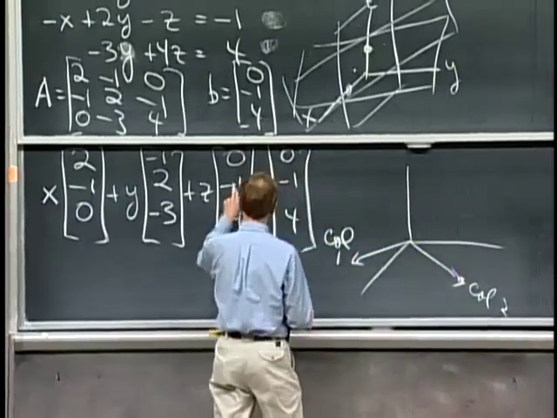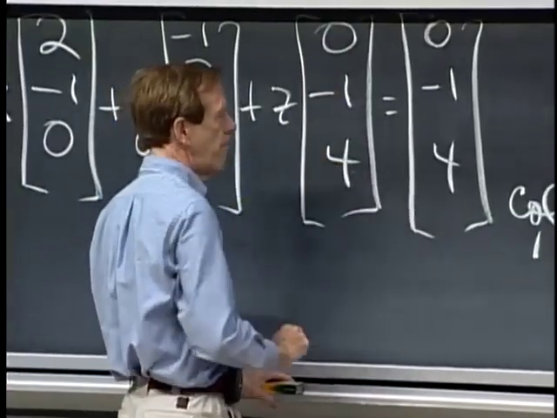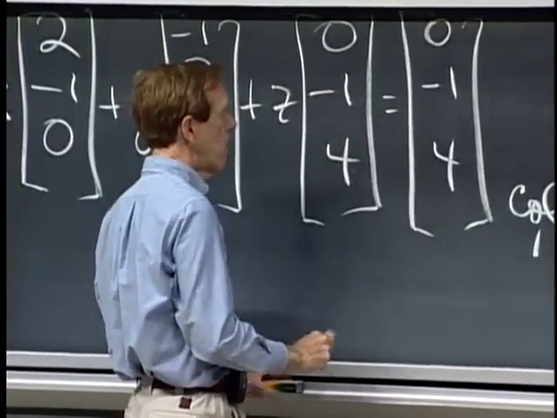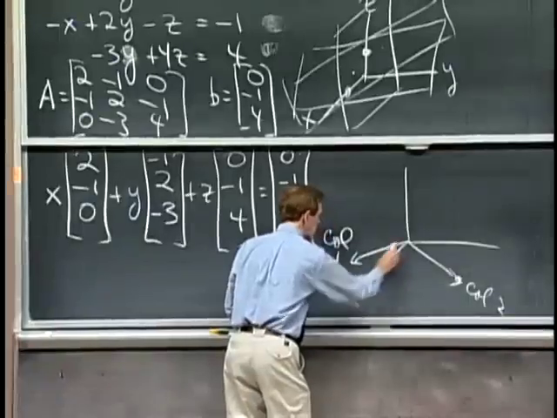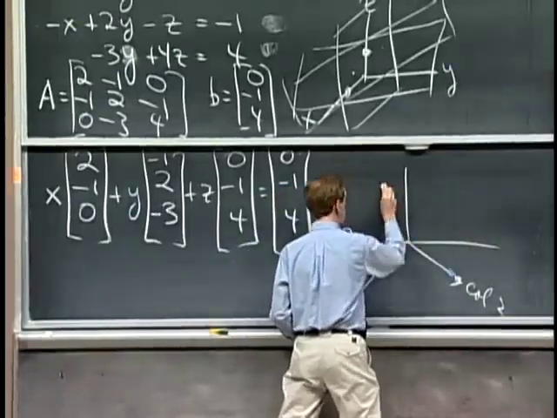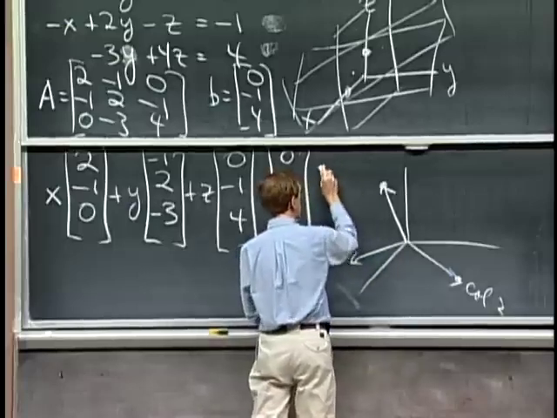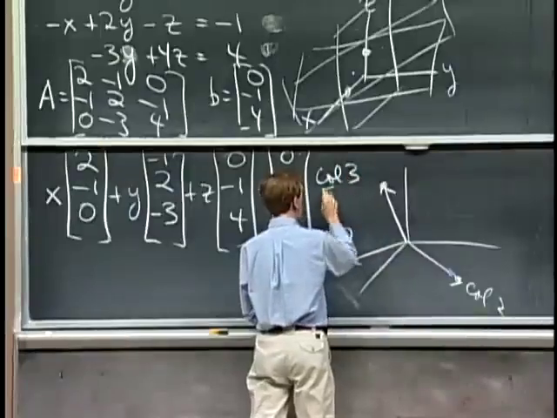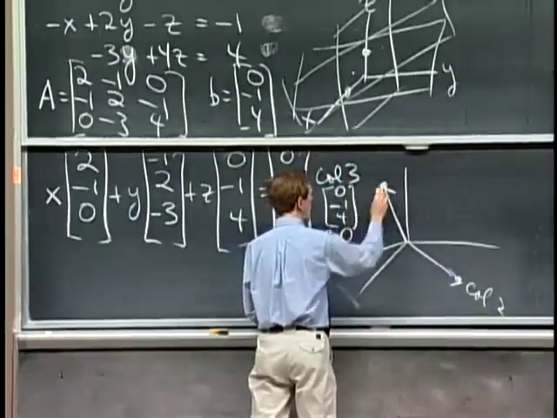And the third column has 0, minus 1, 4. So how shall I draw that? So nothing in this was the first component. The second component was a minus 1, maybe up here. That's column 3. That's the column 0, minus 1, and 4. This guy.